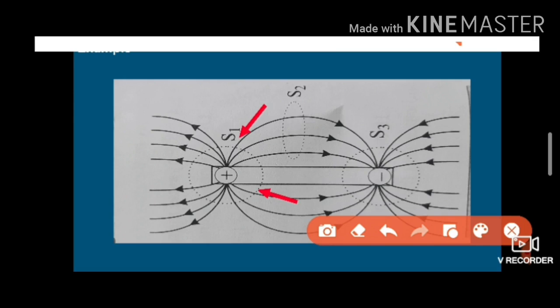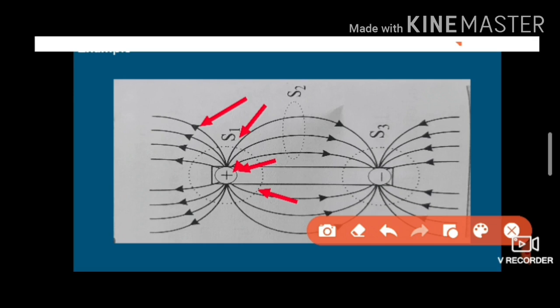This surface S1 encloses a positive charge. The electric lines go away from that charge, which means the electric lines are diverging. It means positive divergence at this point.